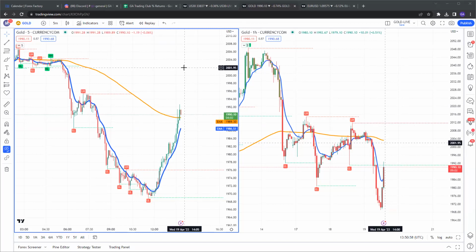It was only trending, and you just wait for the price to be above, retest, and then you go for a long. Okay.